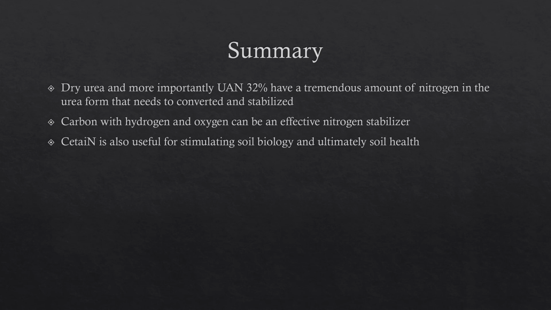So now we've stimulated biology and promoted soil health in the process without rendering biology inactive, or in maybe some cases even killing biology off. We're going to stimulate the entire system. So I hope this has been helpful in understanding the different forms of nitrogen and some of the different stabilization processes and conversion processes that go on.